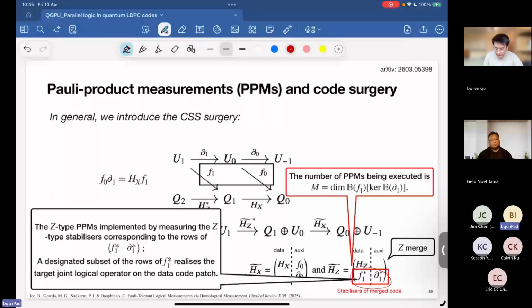The reason we care about this number is because in lattice surgery, it is straightforward that we only have one measurement. But when you come to high rate LDPC codes, we consider this kind of parallelism. That's what we want: to measure more than one PPM at one time.